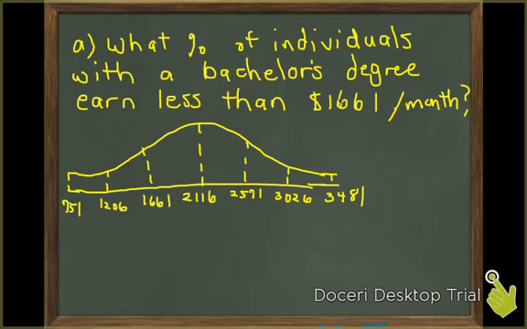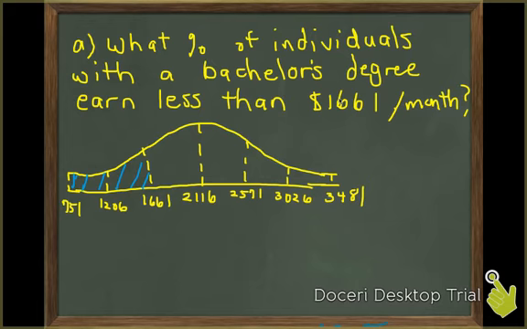So the question is asking what percent of the individuals with a bachelor's degree earn less than $1,661 a month. So what we're looking for is the percentage that falls right in here, that percentage right there.